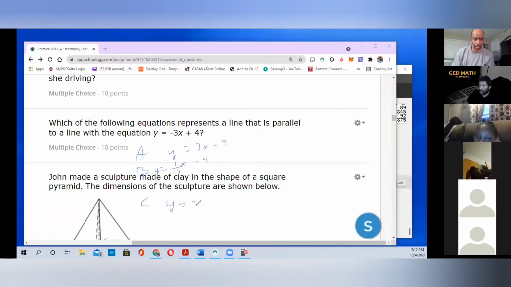Y equals 3x and y equals negative 3x plus 10.